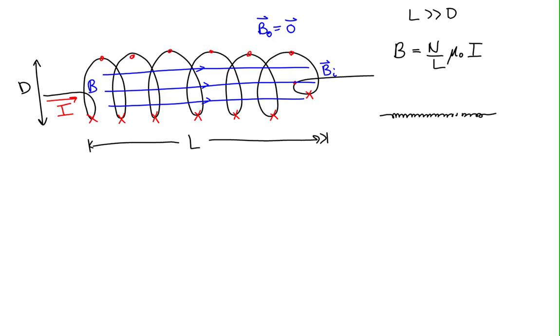Now, the Amperian loop that would be a natural choice for this solenoid would be a rectangular loop. So let's illustrate this rectangular loop in our picture. So let's take a portion of the loop parallel to the magnetic field inside the solenoid.